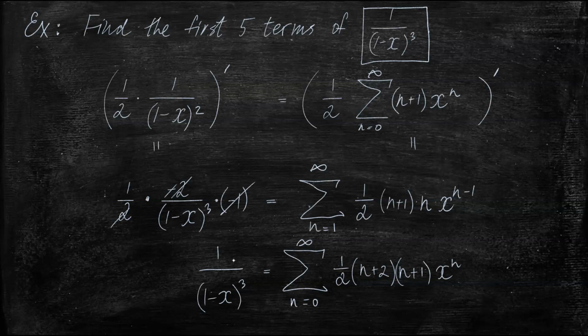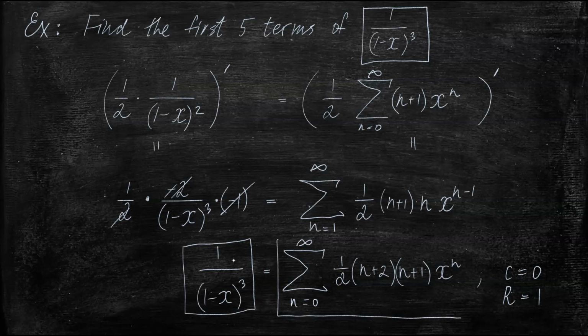And all of this is true around c equals 0, and the radius of convergence is 1. And again, this is our way of avoiding getting into that conversation about whether it converges or not at the boundaries of this interval, that is at -1 and 1. So this is again our function. This is the power series associated with that function, and this is a statement about the interval of convergence.